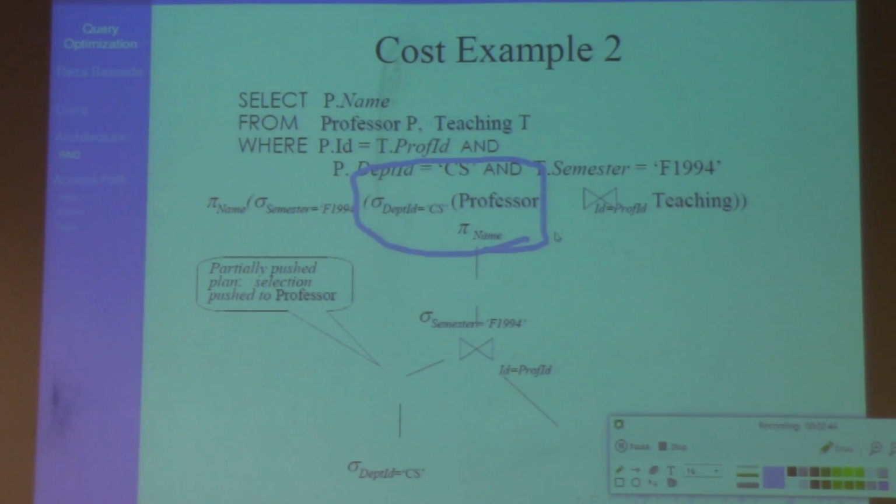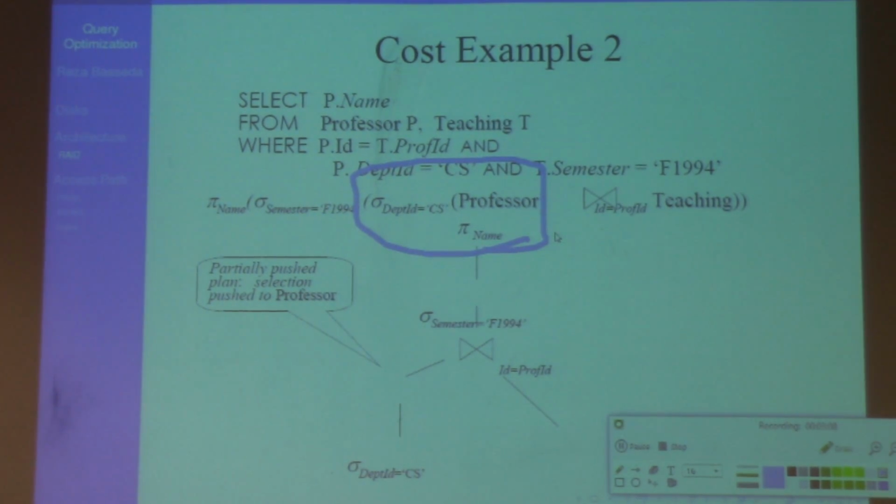So we had this B+ tree clustered index on department ID. With traversing 2 levels of the B+ tree, we can get to the first point of the CS department's professors.